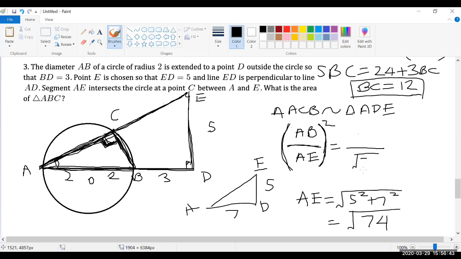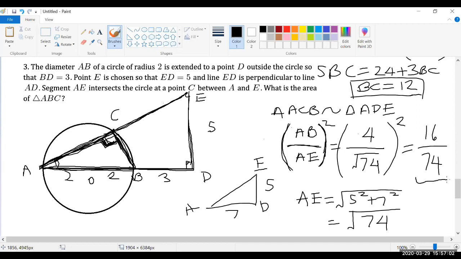So root 74 over here. And then AB, we already have is 4, which is the diameter. So that's 16 over 74. So we have this number.